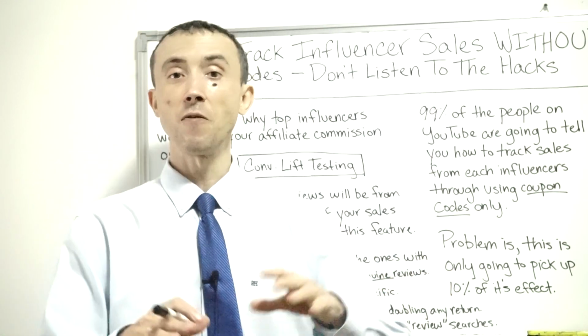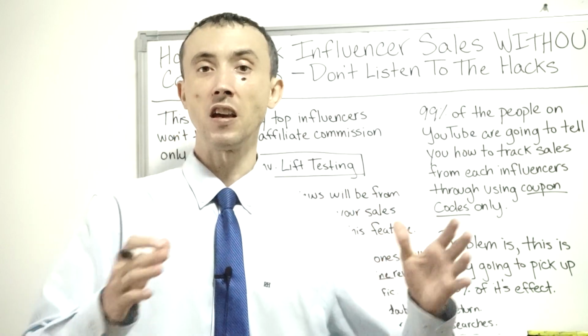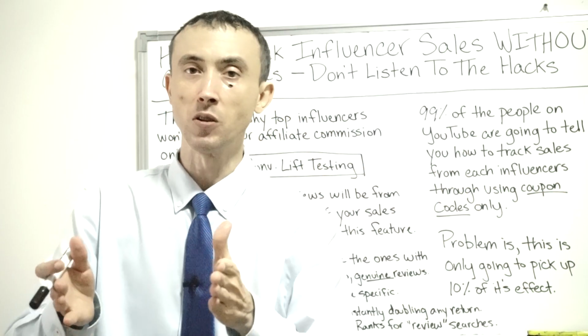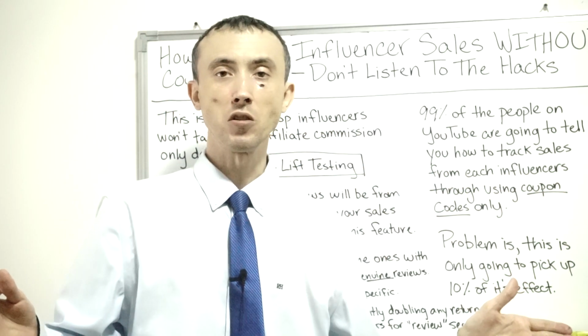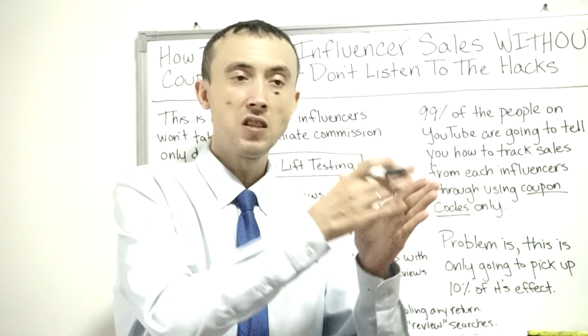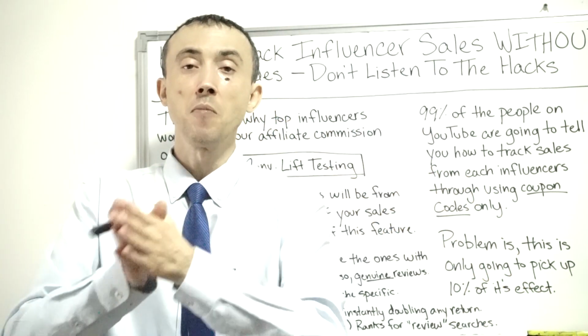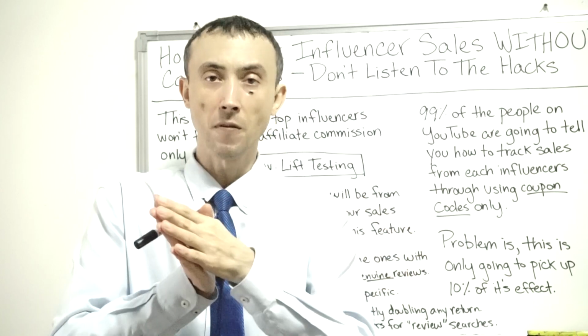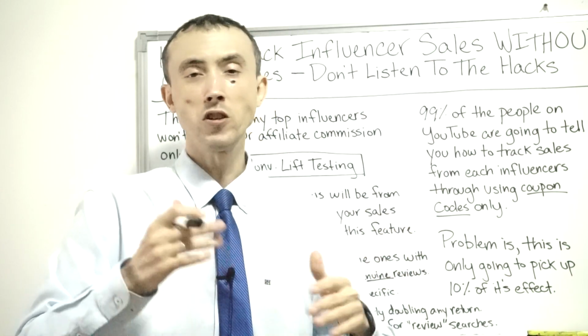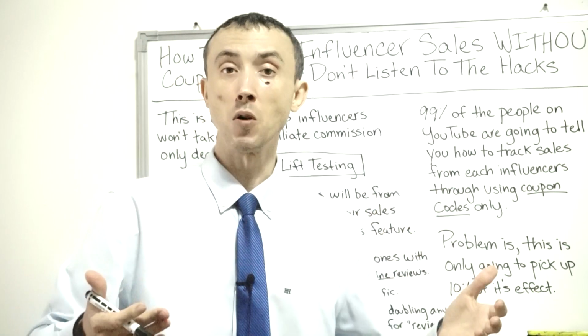I will admit, if you gave a discount code to each influencer and had 10 of them promoting your stuff all at once, you'd be able to tell by the uses of those discount codes which influencer brought in the most sales.